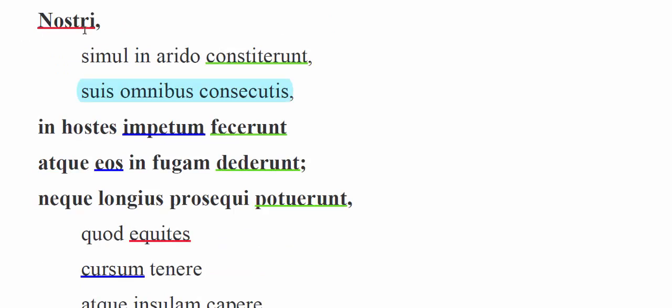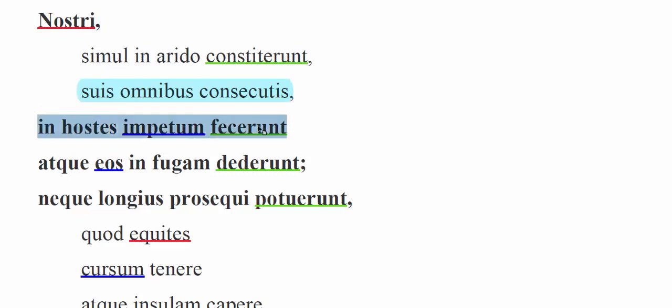Our men, we're back to our men, as soon as they stood on dry land, so once they've established themselves on actual dry land, little ablative absolute here, with all of their troops following, or having followed, right? So not just one or two of them or a few of them, but everybody is making it onto land now.